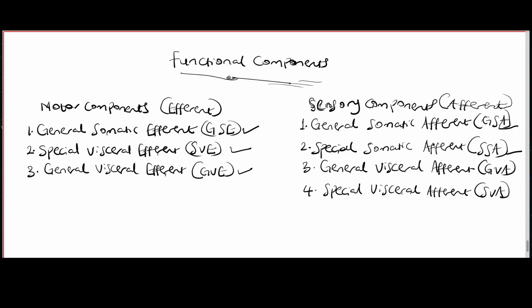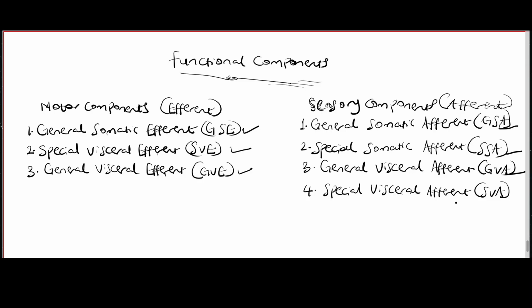They collect information from special senses, like vision, hearing, and balance. For the general visceral afferent, these fibers collect sensory information that is coming from organs.